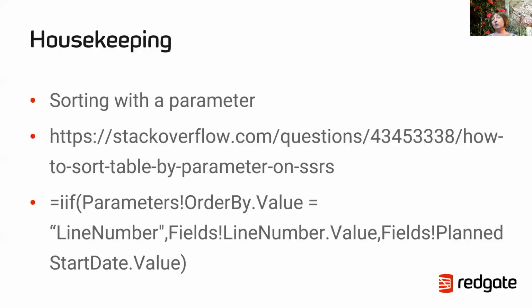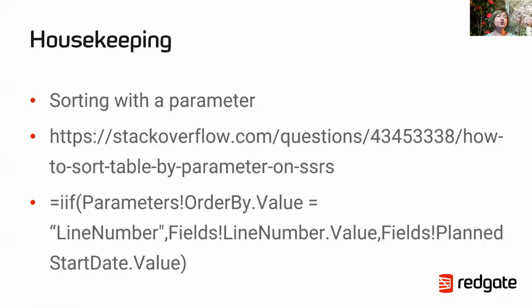So that did work, and it seems like I had found something in the past that was even more complex than this. I'm sure there is something out there, but this seemed like a really brilliant solution. So if this is something you would like to do, you can go ahead and do it. Notice this is just a true false. Either the line number one is true, or the plan start date is true, one or the other.